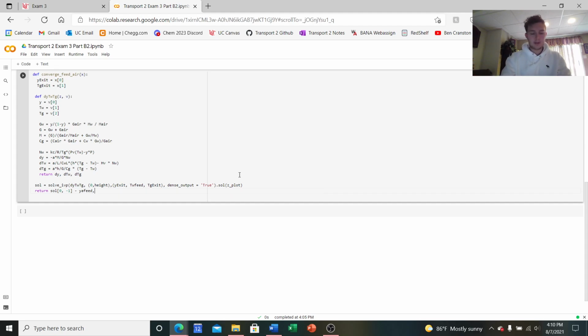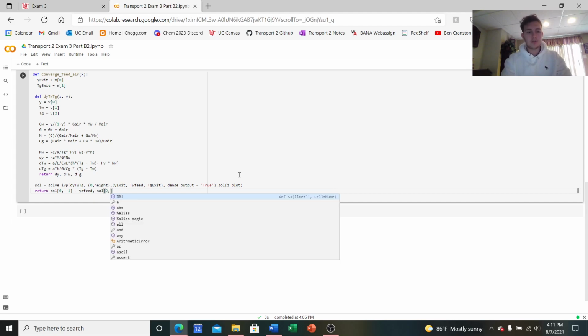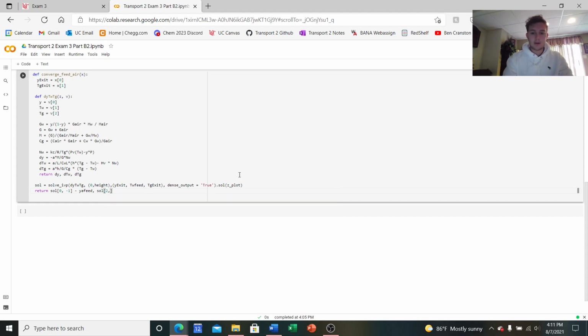And so the other value we wanted to return is the solution of the third variable, which is that gas constant, not gas constant, what am I saying? Temperature of the air feed, or the gas feed, as it's progressing down through the cooling tower. So now we have that.